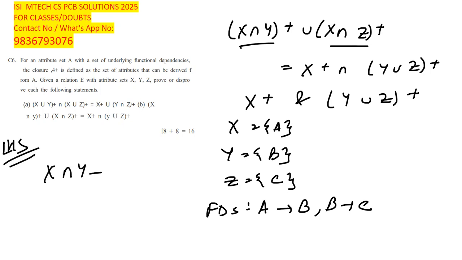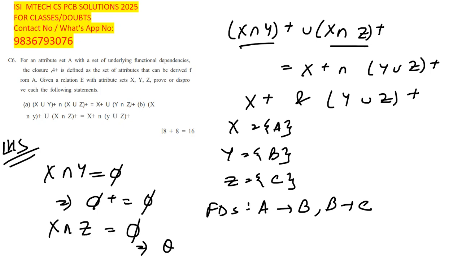So this is this, or is this one, and x intersection z is, or this one will be okay, and left hand side then union this is this, and what is the right hand side?